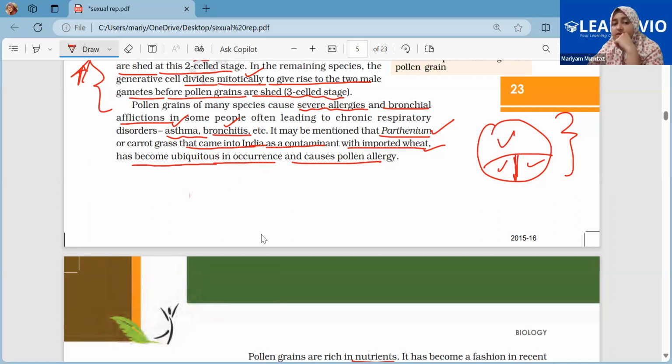So examples may be asked, or may not be asked. But if a question related to pollen allergy is asked, people would wonder which pollen actually causes the allergy. So remember parthenium. If you just write carrot grass, maybe you'll get marks, maybe you won't, but parthenium is the scientific name, so it is important to remember. Clear? Yes, ma'am.